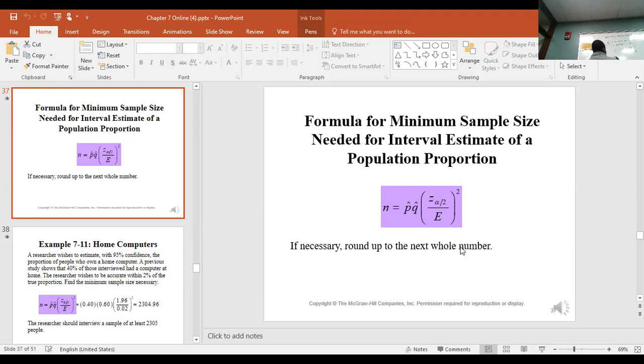If no estimate for p is provided, use p equals half, and n equals 1 over 4, which is p times q, if p equals half and q equals half, times Z alpha over 2 over E, squared.